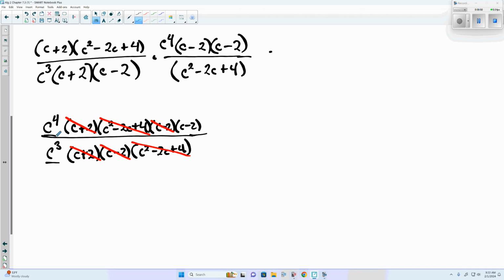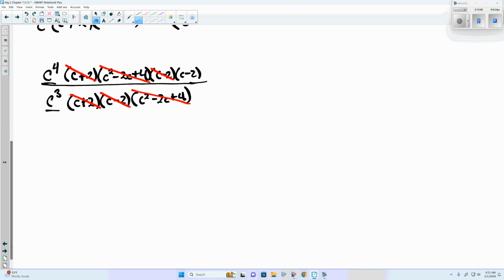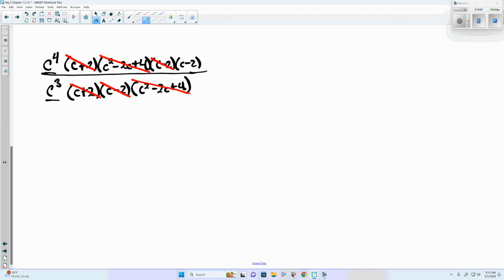There's different ways we can think about this and write this out. One that we can do is what we've been doing. Whenever we divide like bases, we subtract the exponents. So 4 minus 3 is 1. Since it's bigger on top, it stays on top. One way I do this, especially as I'm writing this out, is I know all 3 of these are going to simplify with the numerator, yes?